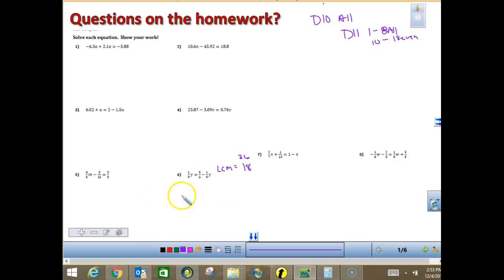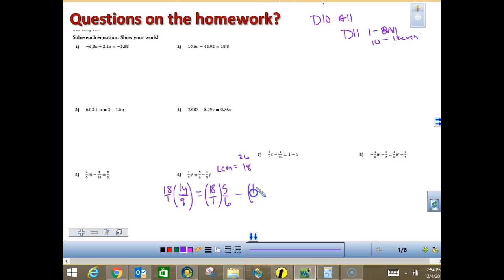So when I start the problem, in this case, we have 18 over 1 times, and we're going to write that as 1y over 9 equals, I'm taking 18 over 1 times 5/6. That's my next part in my original equation.